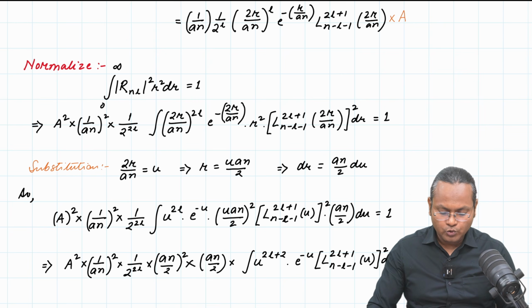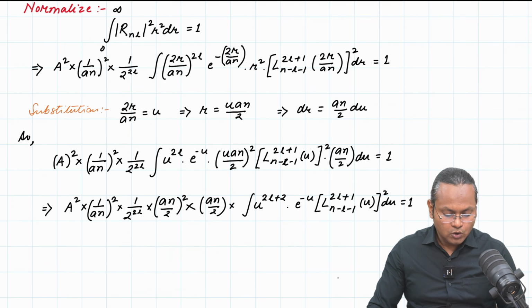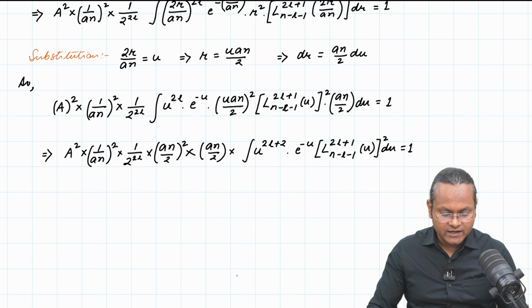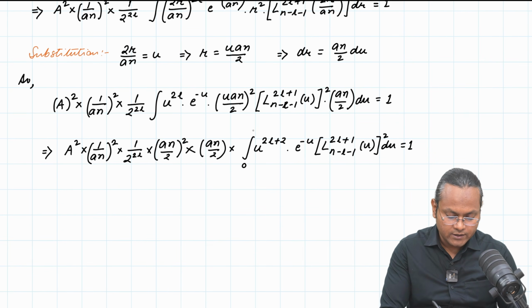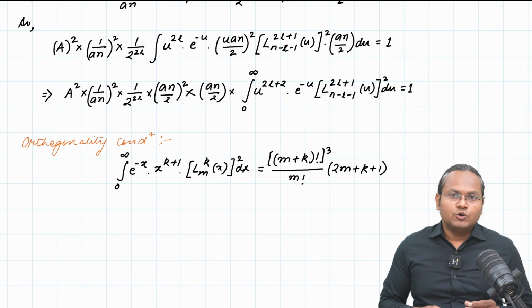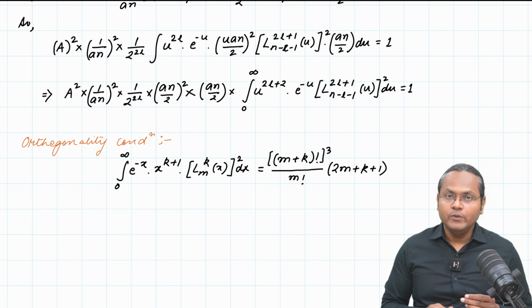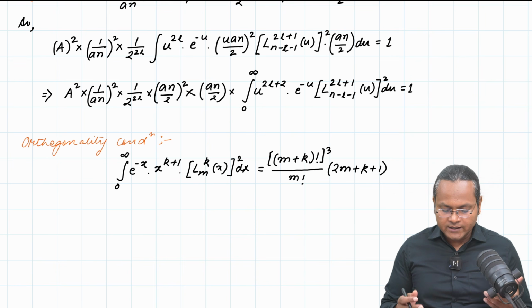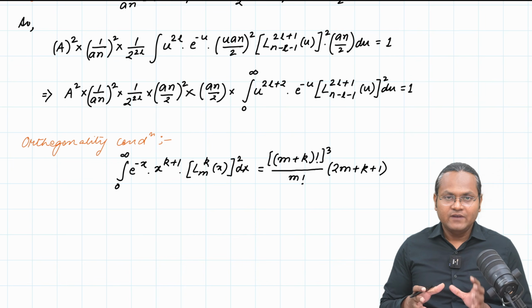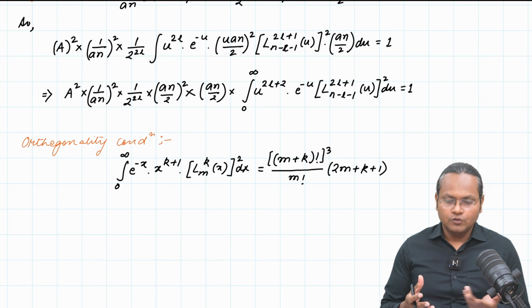Now what we can do here is include a certain orthogonality condition associated with Laguerre polynomials. This is an identity that can be derived from the properties of Laguerre polynomials. This is not the standard expression for the orthogonality condition; it can be arrived at from the standard orthogonality condition by making some substitutions.